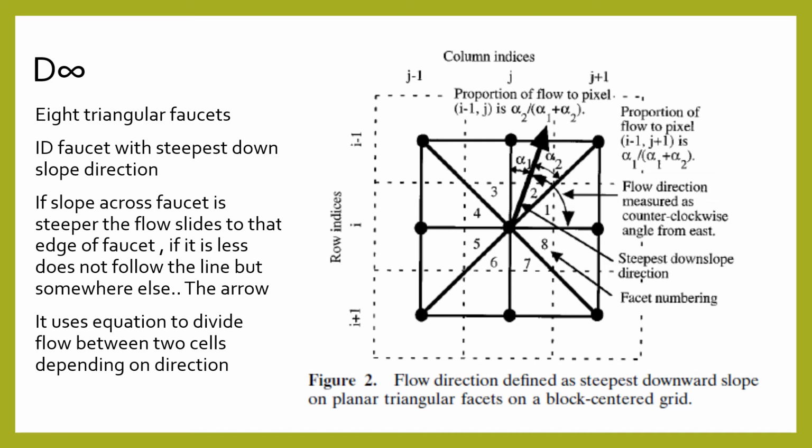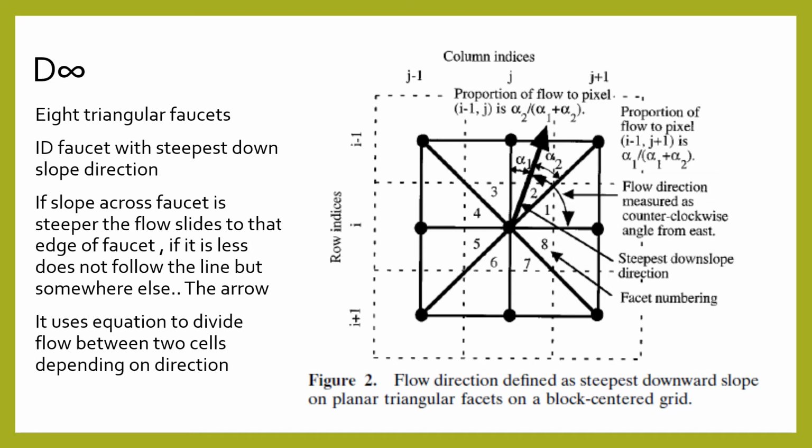If it's not sufficiently steep compared to the slope in the direction of the big arrow, so if the big arrow is really steep and the side to side isn't very steep, then it's going to divide that flow up between those 2 cells based on those equations. And that's how it does this.